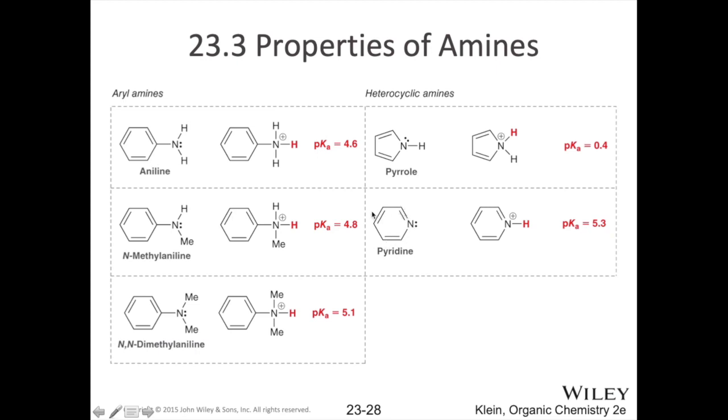It already meets Huckel's rule with all of these pi electrons. So since that lone pair is not involved, it's free to pick up a proton. That being said, for pyrrole, that lone pair is needed for aromaticity. So the resulting ammonium ion is very, very acidic. It really wants to go back to the aromaticity of the neutral molecule. Okay, and that's why you can see this pKa is really, really low.